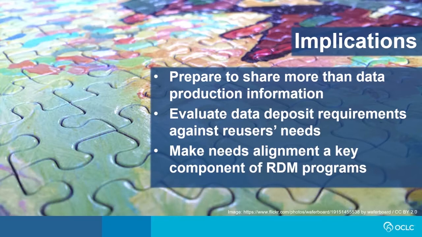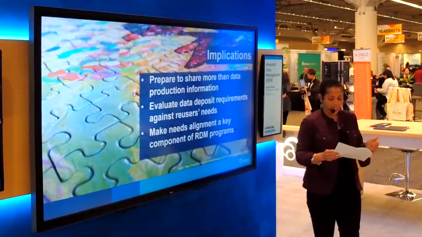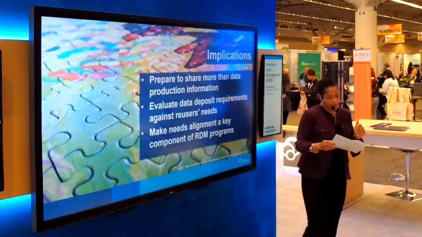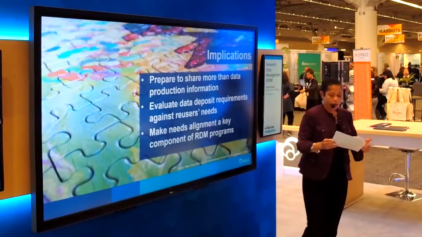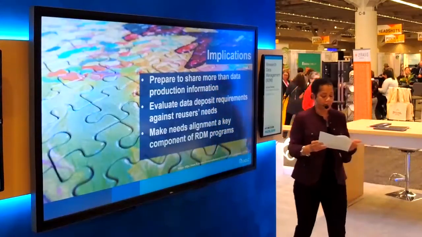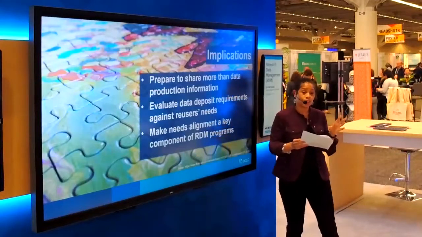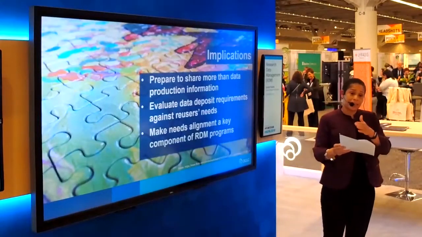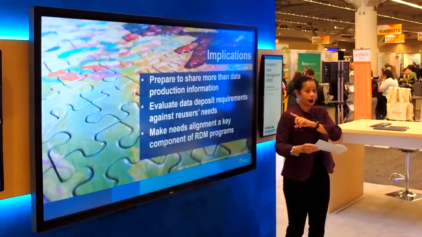The second is this idea that whether data reuse needs can be met is really a direct result of the data deposit requirements, right? So what are you asking your data producers to provide or to share? And a question for you is, how would you fare in an evaluation of data deposit requirements against the reuser needs that I just talked about today?